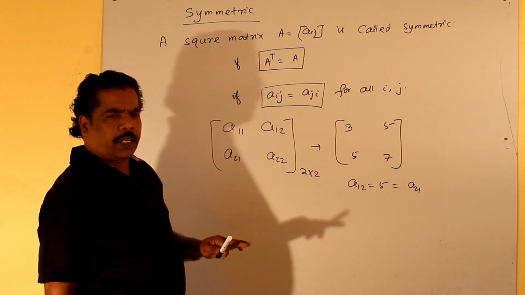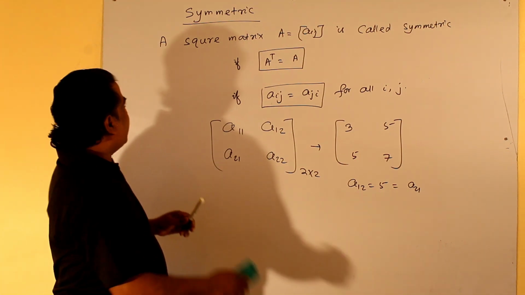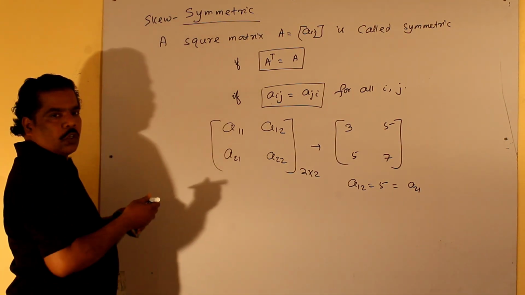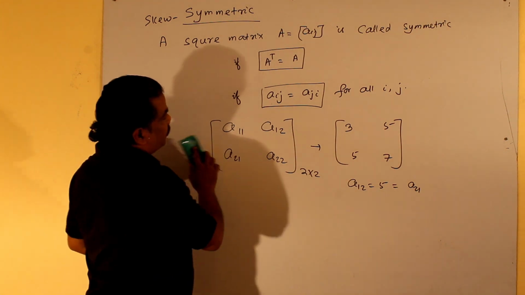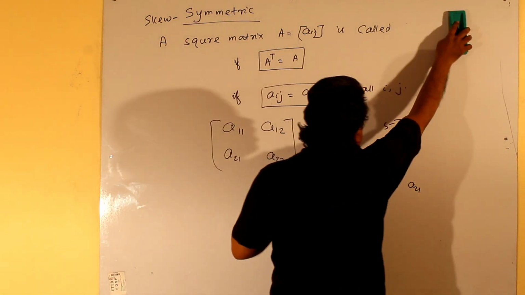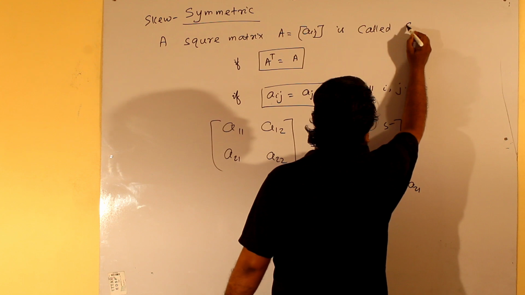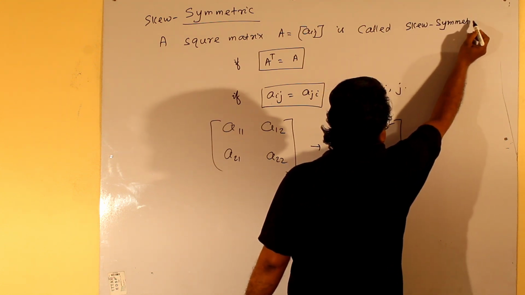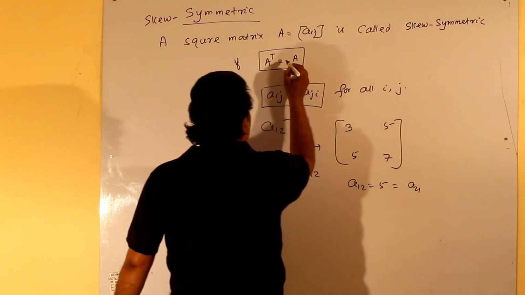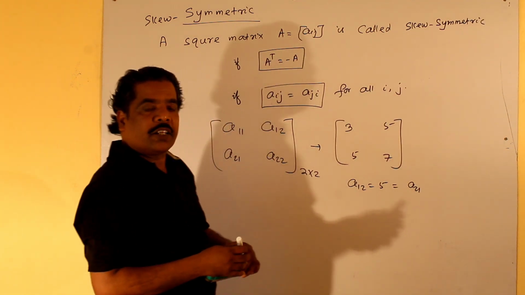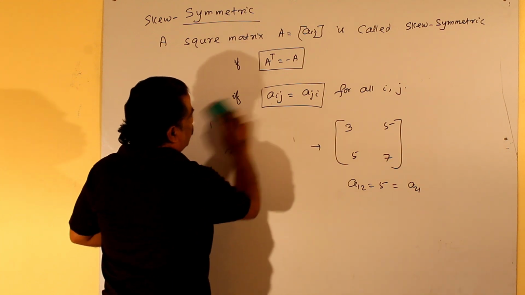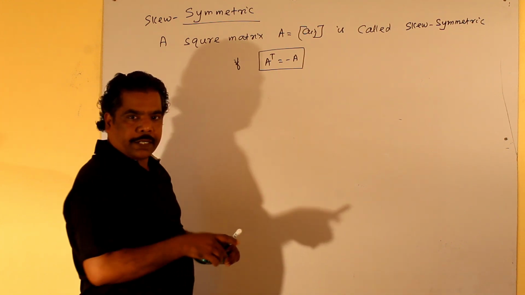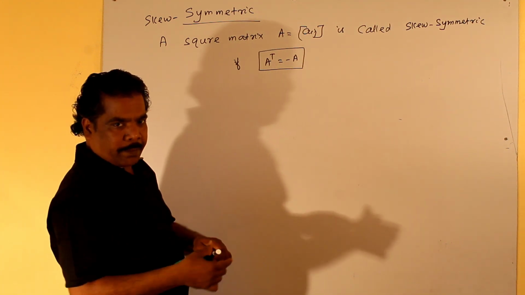Next, we study about skew symmetric matrix. A square matrix A is called a skew symmetric matrix if A transpose is equal to minus A. If A transpose is equal to minus A, then we say that the square matrix is a skew symmetric matrix.